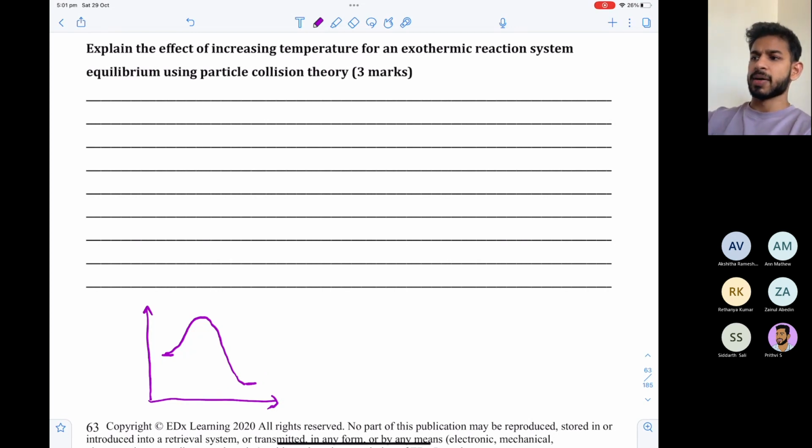Now I want you guys to think about what would increasing temperature do for the forward reaction and what would it do for the reverse reaction? Think for about 20-30 seconds and then I will give you guys an analogy which really helps me understand this.